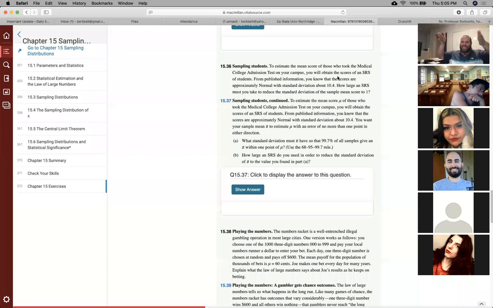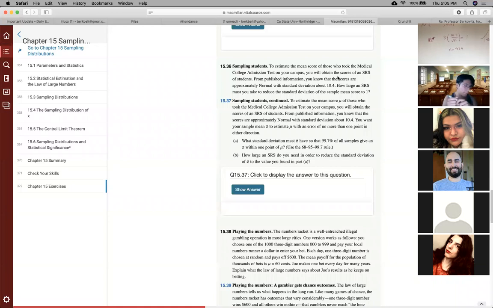I want 99.7% of my data to be no more than 1 unit away from the mean. So whatever the mean is, I want the distance between the mean and 3 deviations out to be a distance of 1. And what is that formula? 3 times 10.4 over the square root of n is equal to 1. And then just solve for n.